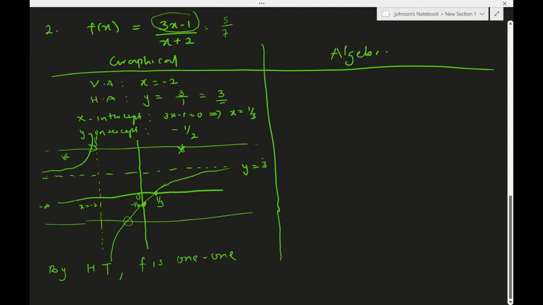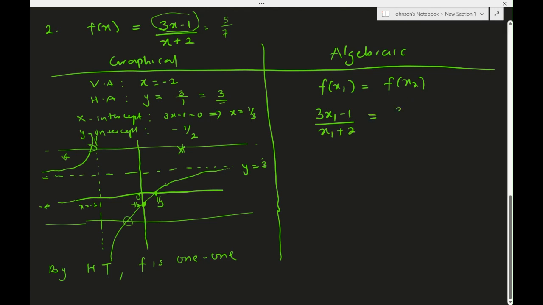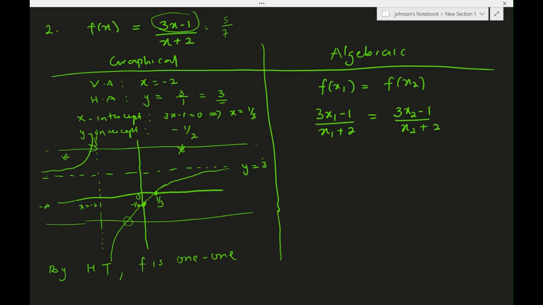Okay, now quickly to the algebraic method. Just assume that f of x1 is equal to f of x2. Sometimes it's easier to do the algebraic than the graphical method. Now f of x1 will be 3x1 minus 1 over x1 plus 2, which is equal to f of x2, which is 3x2 minus 1 over x2 plus 2.